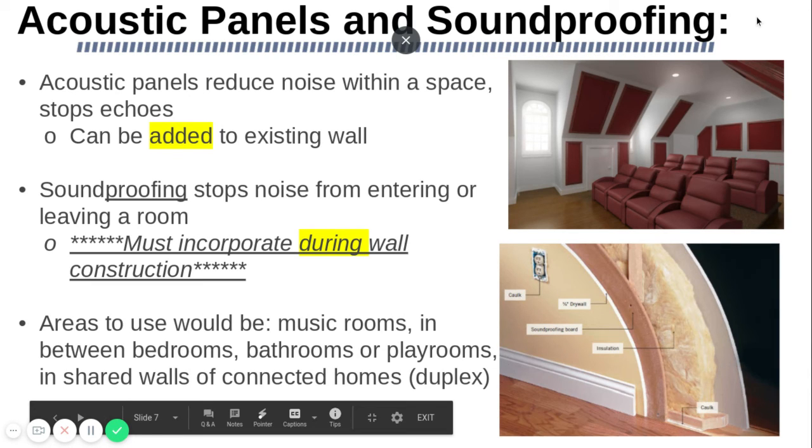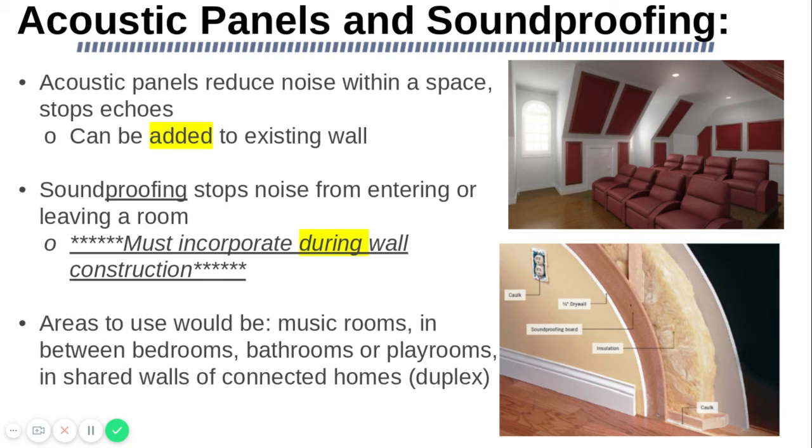All right. Acoustic panels and soundproofing. This is something that a client could very specifically ask for. If you are asked to design a recording studio, or if someone wanted to design a shop attached to their house where they're going to be using lots of power tools or revving up motors, and they wanted to soundproof that away from their house so they could work at night while their family is sleeping, for example, or vice versa.